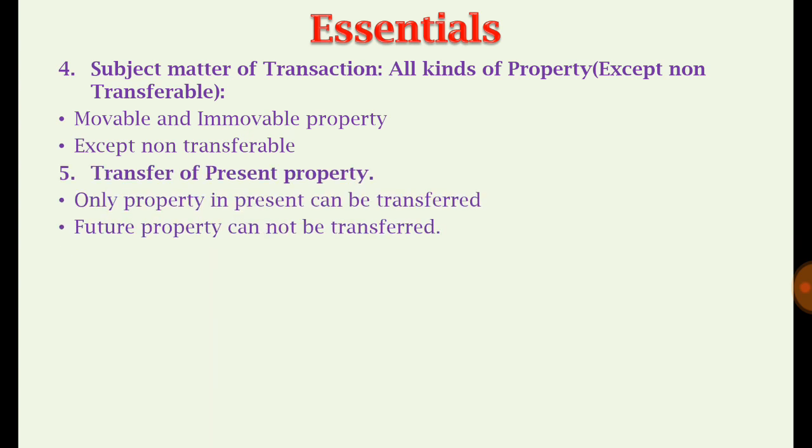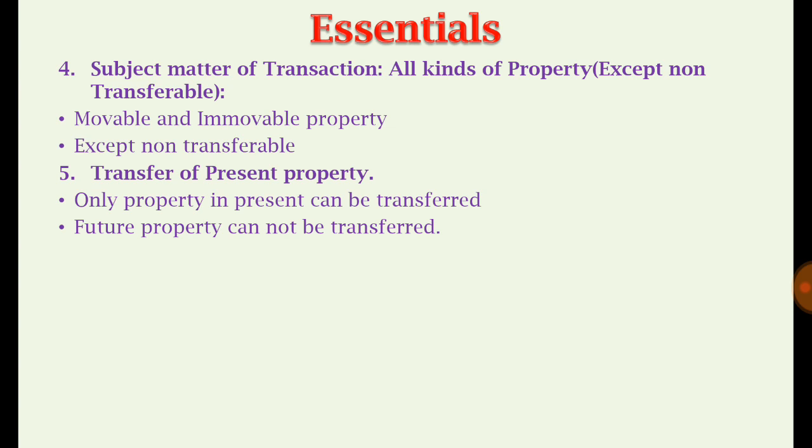Then the next essential is transfer of present property. Section 5 of the Act provides for the transfer of present property. It means future properties cannot be transferred. Only property which is existent at the date of the transaction can be transferred, because property is transferable only when it is in existence.